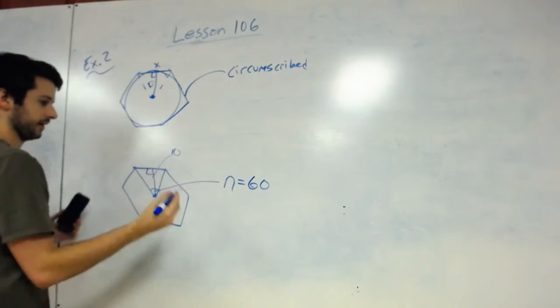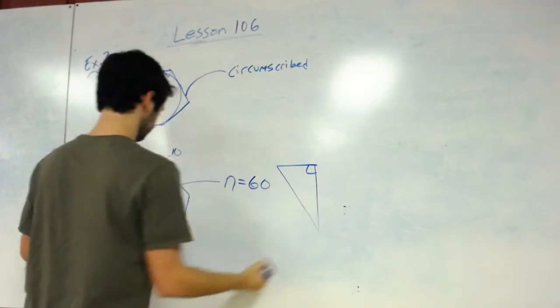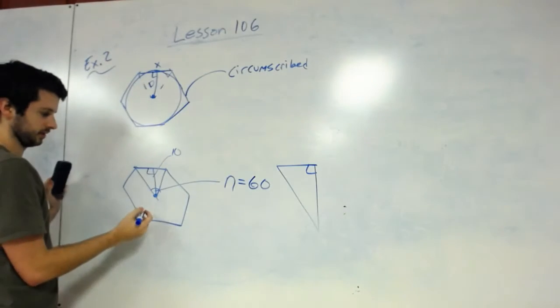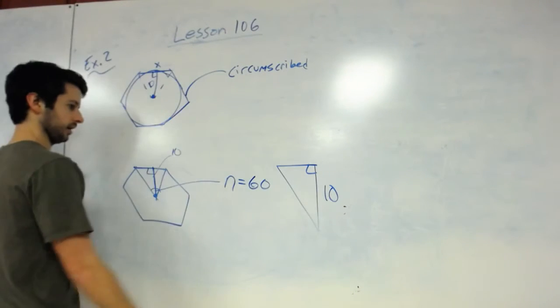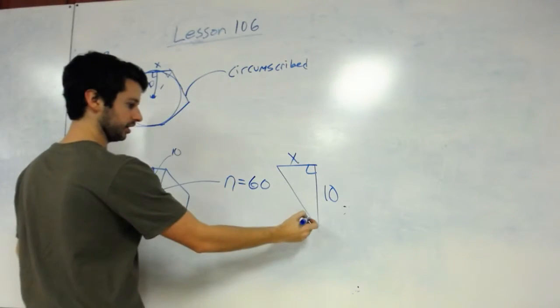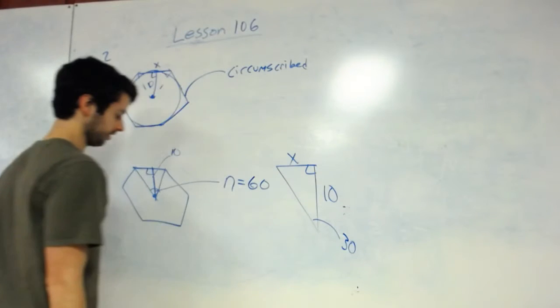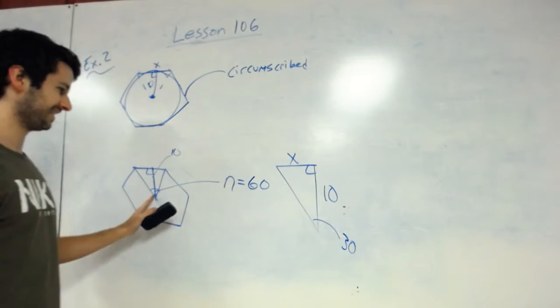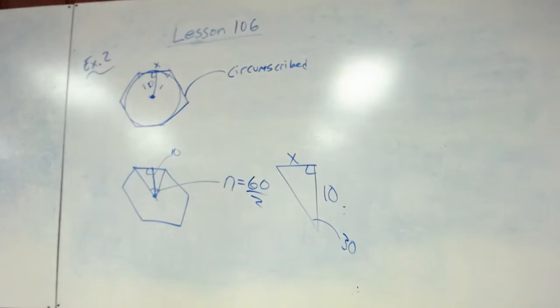So if I create a right triangle right here, I know my height is 10. I know I'm looking for x. And I know that this angle right here would be 30 degrees because I cut 60 in half, because we made a triangle.